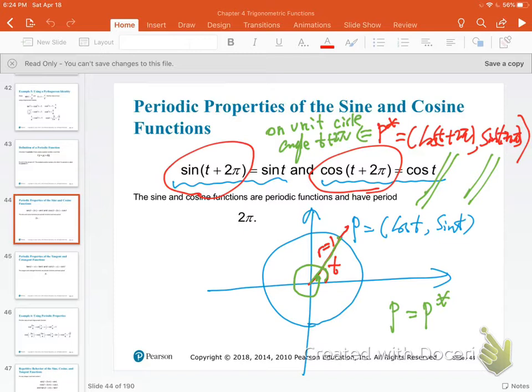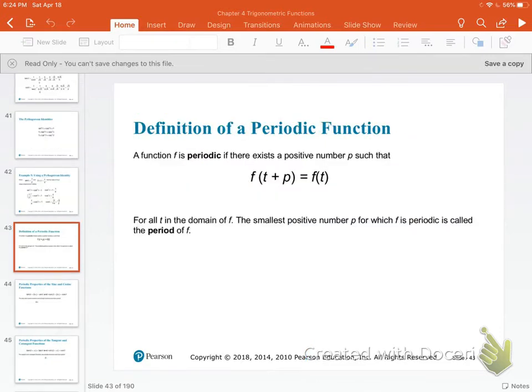So the unit circle is very important. We got this relation. This is the definition of a periodic function. A function is periodic if we have this property, and this positive number P is called the period of f.